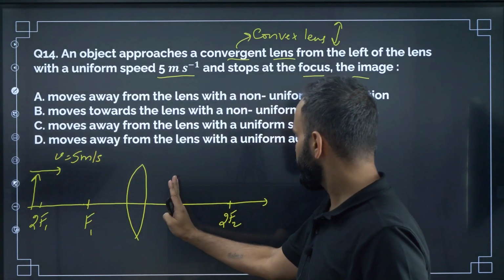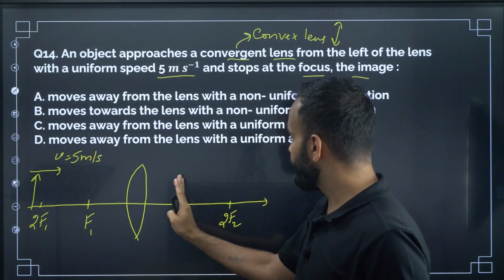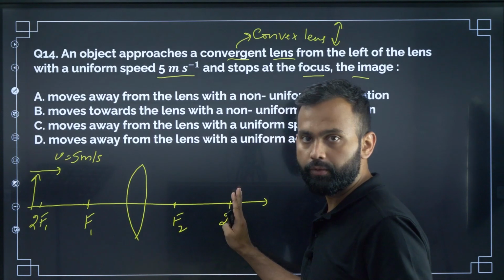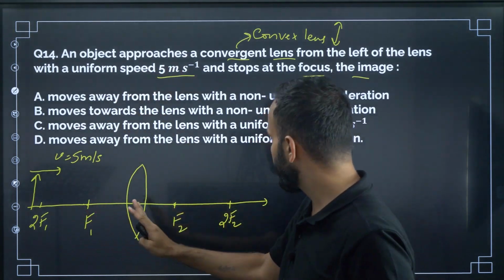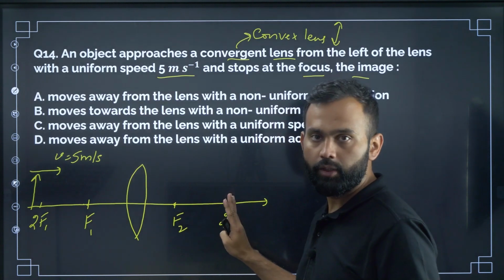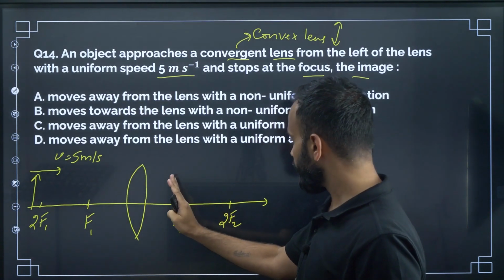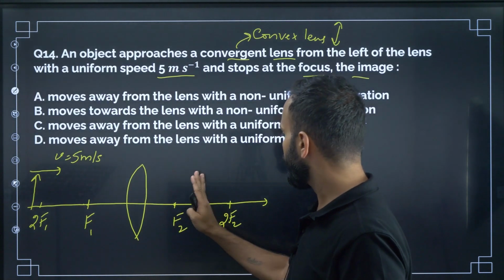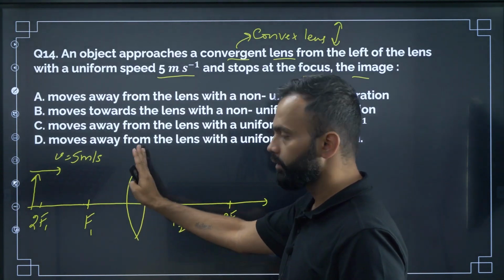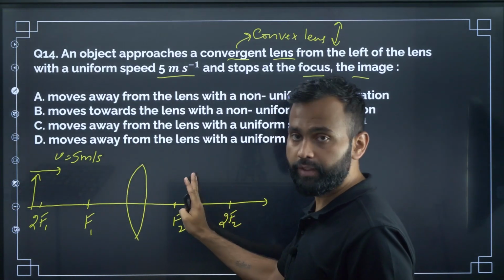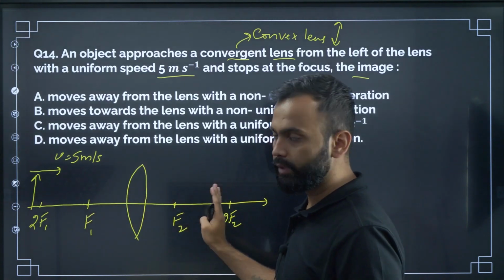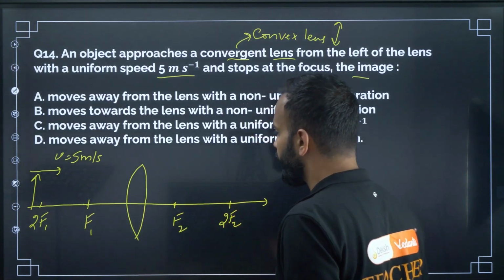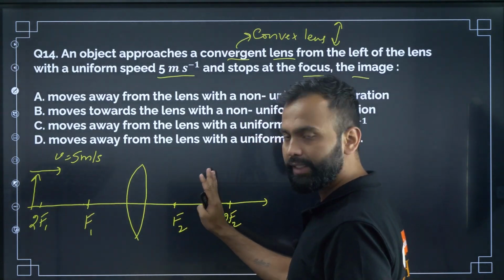The object is coming from infinity to 2f, and the image is moving from f2 to 2f2. So the velocity of the image is lesser than the velocity of the object. So it's a non-uniform acceleration, it moves with some acceleration a.